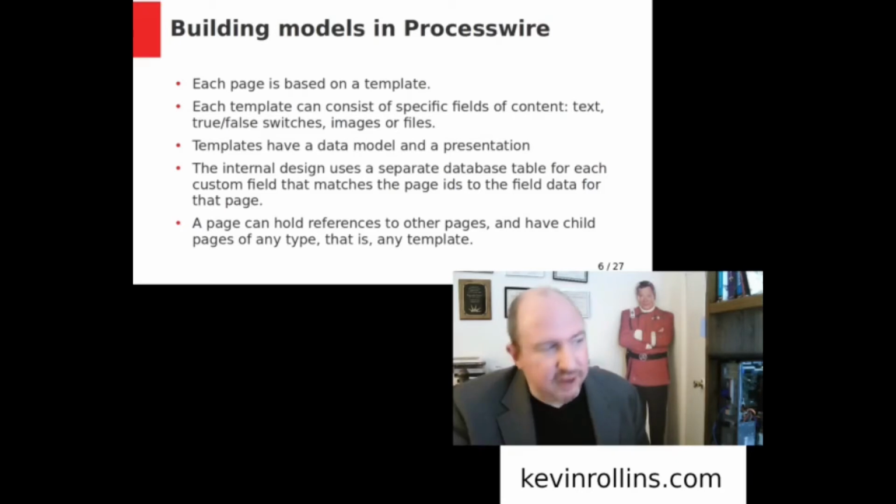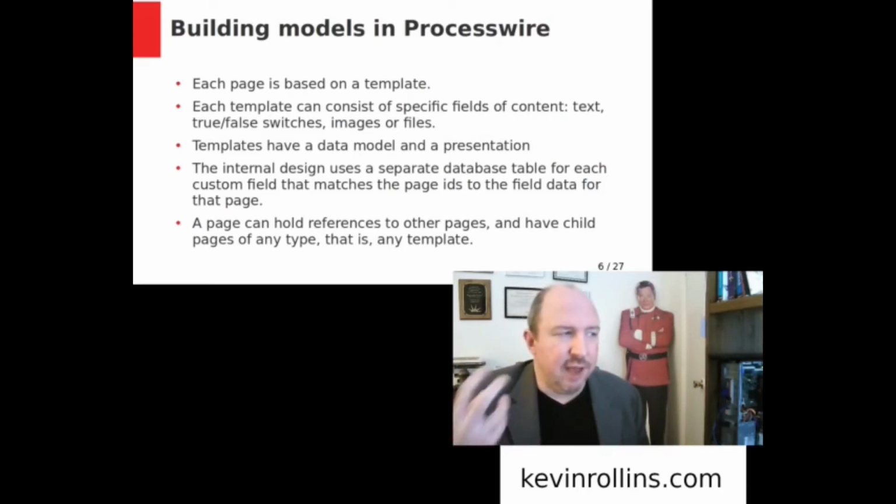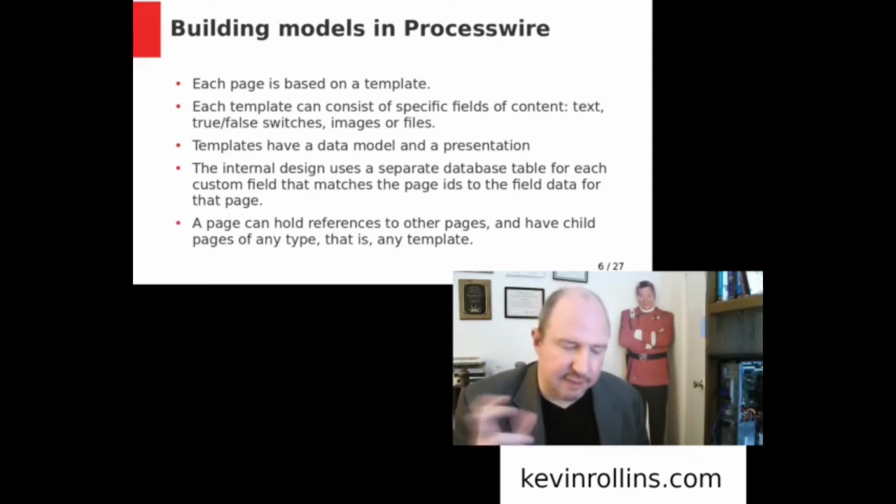So to repeat, we have these page objects, and the idea of a page in ProcessWire is that each page is an instance of a template. So the template is the model, and the page is the instance of it. If you were in Ruby on Rails, model view controller, this is the model.